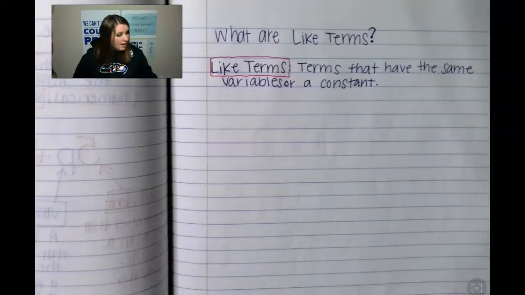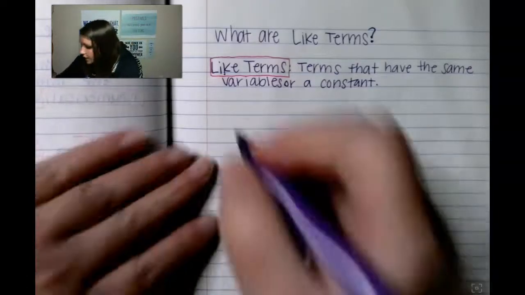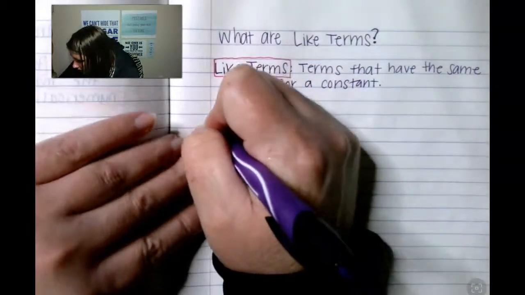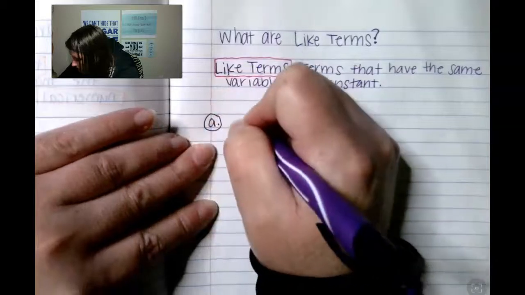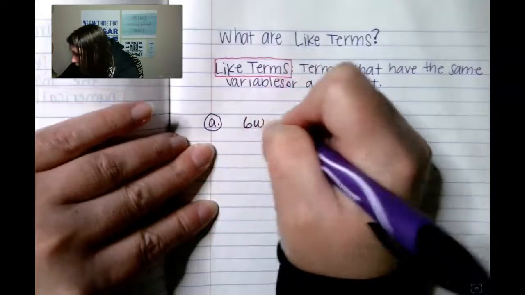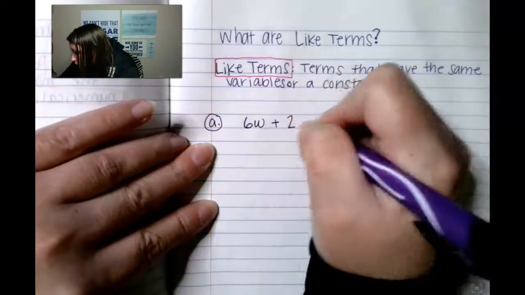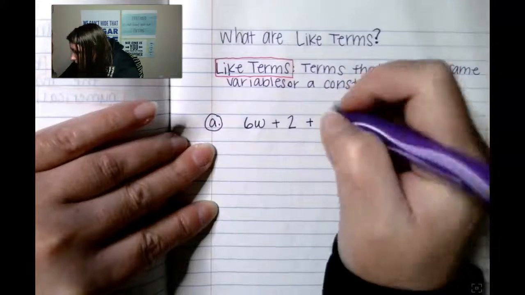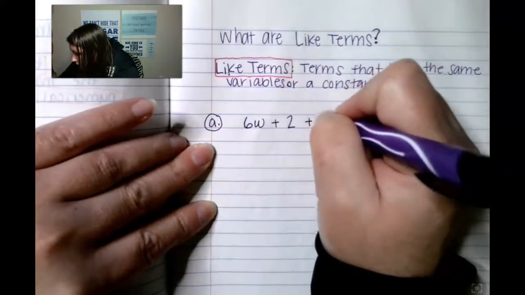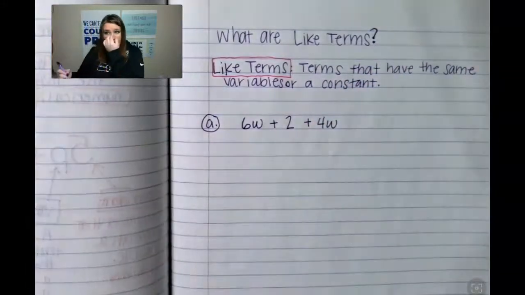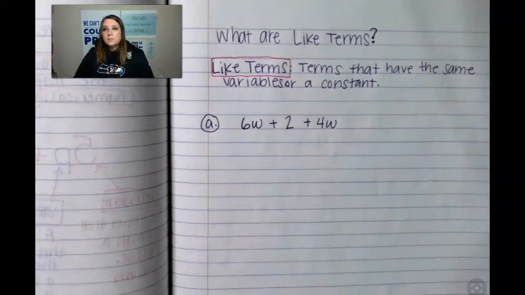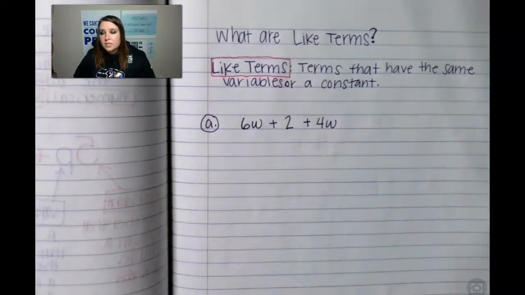Okay, let's start with example A: 6W plus 2 plus 4W.